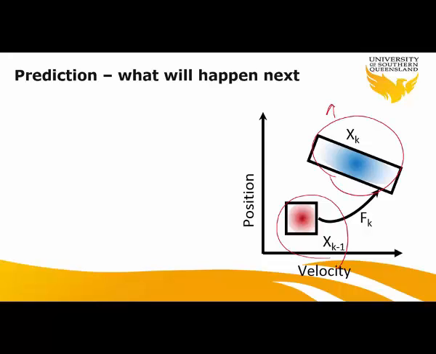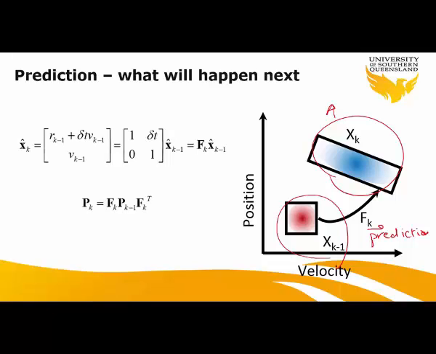This is the prediction, which is Fk. At time k, it basically maps all possible states of time k-1, which is the red cloud, into the blue cloud, which is at time k.